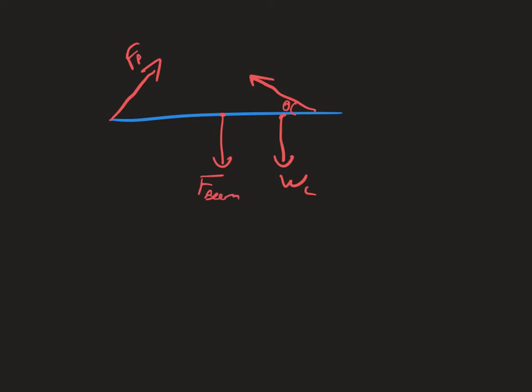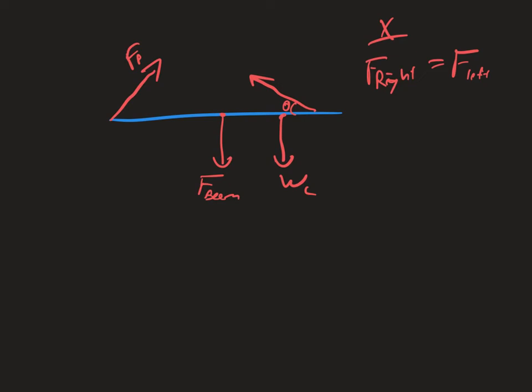We know that in static equilibrium, all the forces are equal to each other. So in the x direction, we have the force right is going to equal the force to the left.